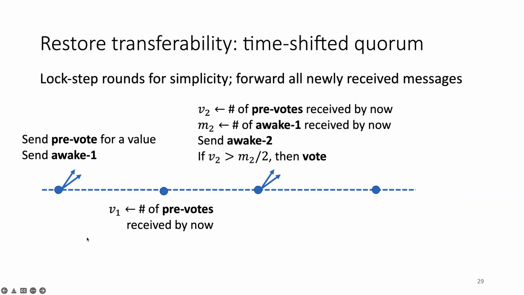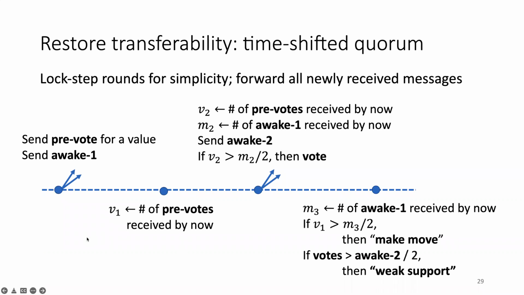Then I'm sending awake 2, announcing again that I am still here. That's an additional message. If V2 is greater than half of M2, then I will vote, and I will tell you why we do that later.